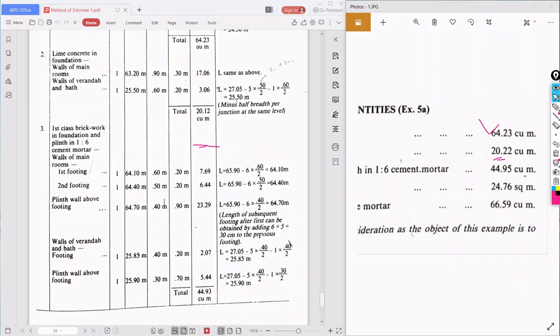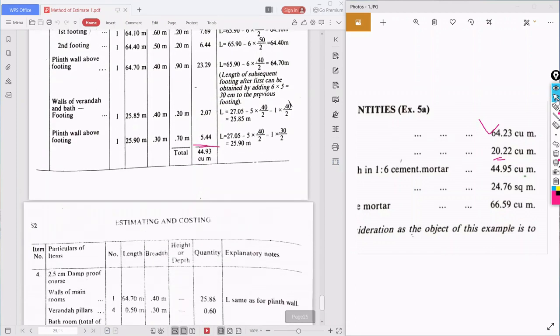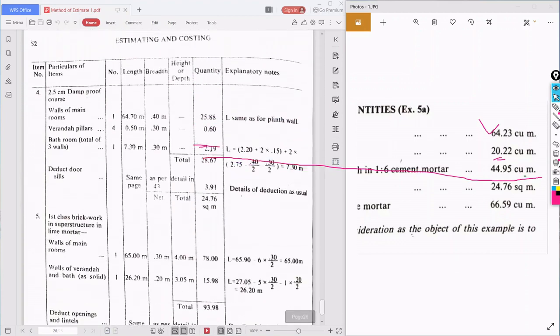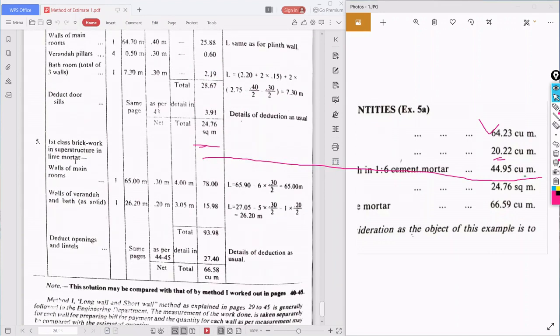Same way, the first class brickwork quantity we got is 44.93, here also 44.95, slight difference, no problem. Similarly for damp proof course also 24.76, and for first class brickwork in superstructure it is 66.59. So almost the same quantity we are getting, whether it is the long wall short wall method or the center line method.